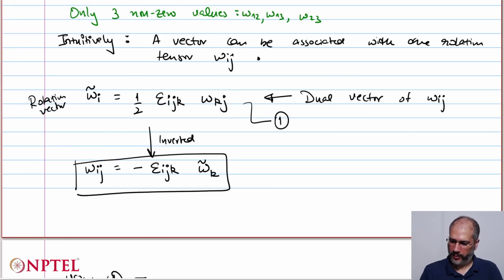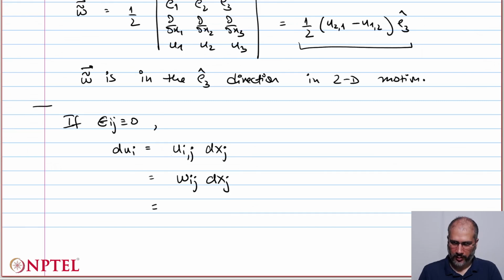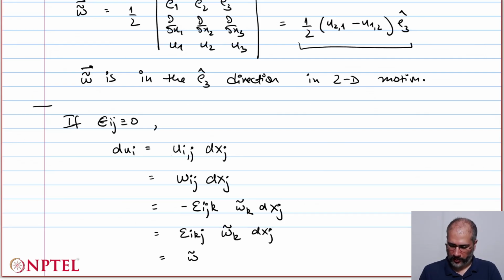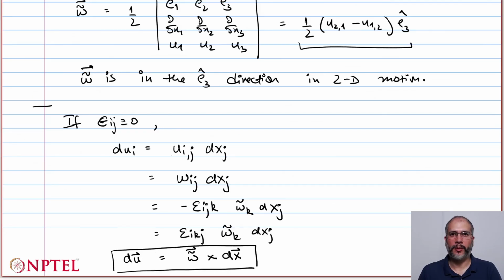So this becomes minus epsilon ijk omega tilde k times dX_j. And you can see that in the symbolic notation, this is nothing but the cross product of the omega vector with the dX vector. So our differential displacement is the cross product of a rotation vector with the displacement vector in the material configuration.